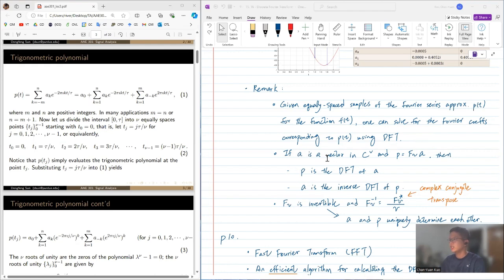Second, if A is a vector in C nu and P equals F nu times A, then we say P is the discrete Fourier transform of A, and A is the inverse discrete Fourier transform of P. The last one is that the square matrix F nu is invertible, and its inverse is given by the complex conjugate transpose of F nu over nu. And because F nu is invertible, this also implies that A and P can uniquely determine each other.